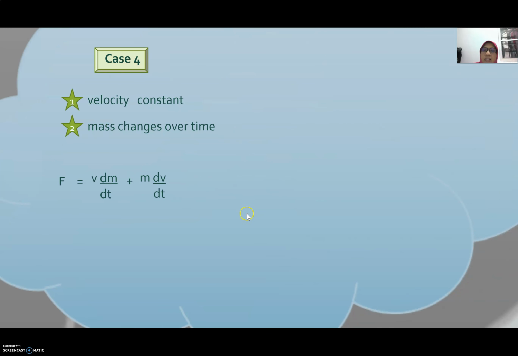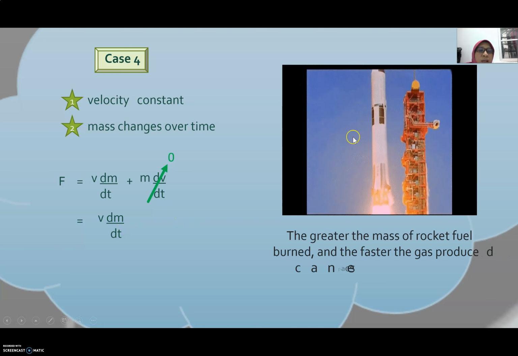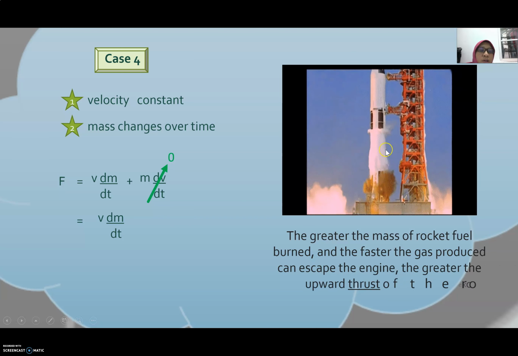And the fourth case, when the velocity is constant and mass changes over time. This means for the velocity constant, this term here, dv by dt, equals 0 because there is no change in velocity. So the equation becomes F equals v dm by dt. For example, the launch of the rocket here.